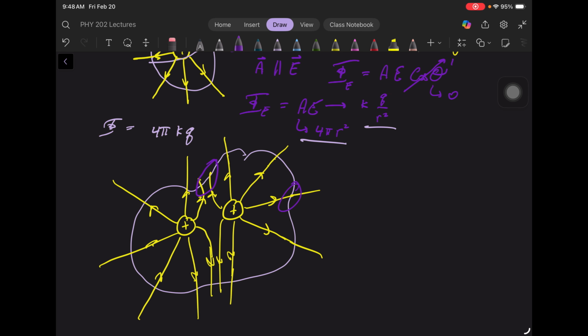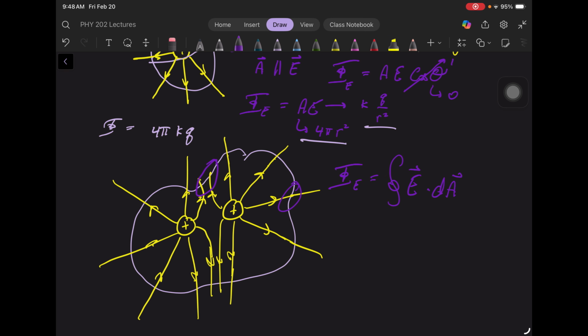And so if you have a situation like that, the electric flux is equal to the closed integral of E dot dA, right?